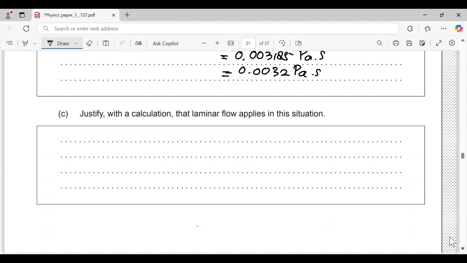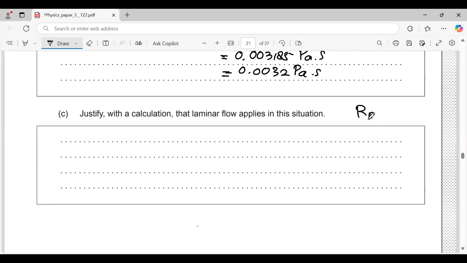Justify with a calculation that laminar flow applies in this situation. Okay, to justify that laminar flow applies, we need to check the Reynolds number, or Re. This is the symbol of Reynolds number. Reynolds number can determine whether the flow is laminar or turbulent.